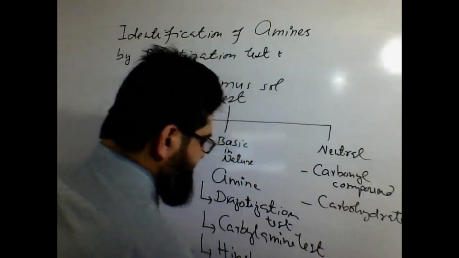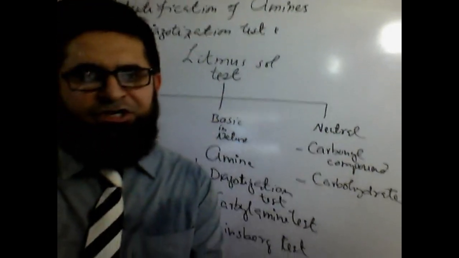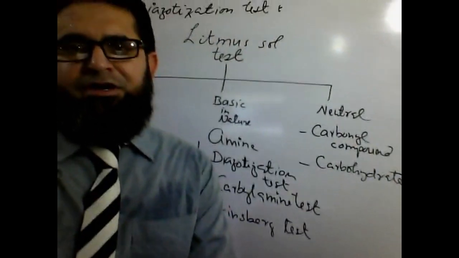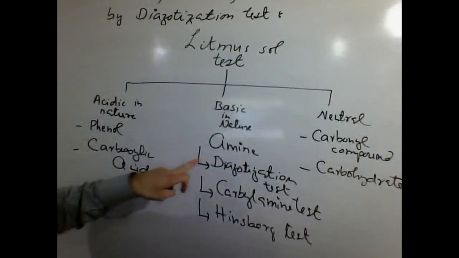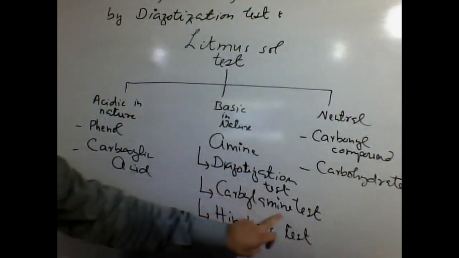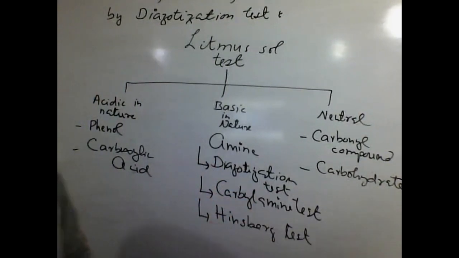So 3 types of tests could be performed for the identification of amines: the diazotization test, the carbylamine test, and the Hinsberg test.